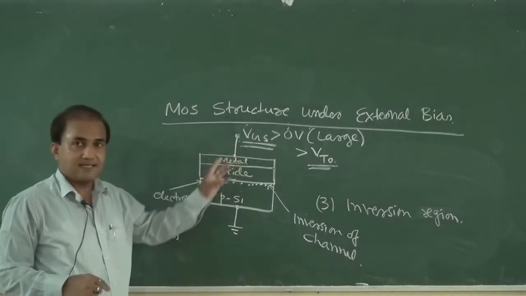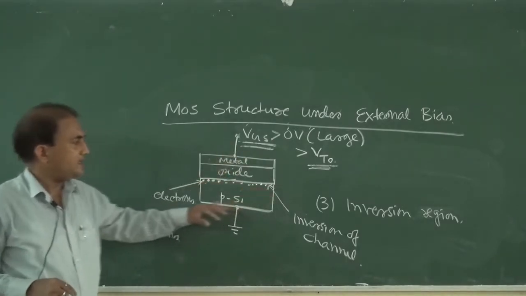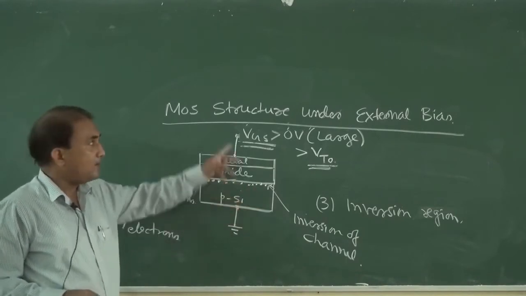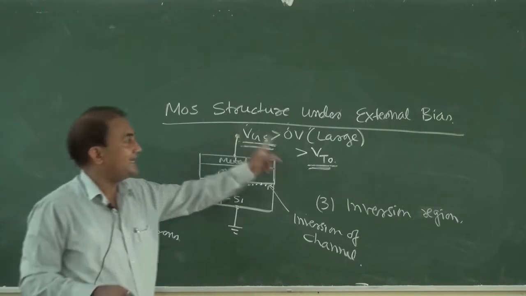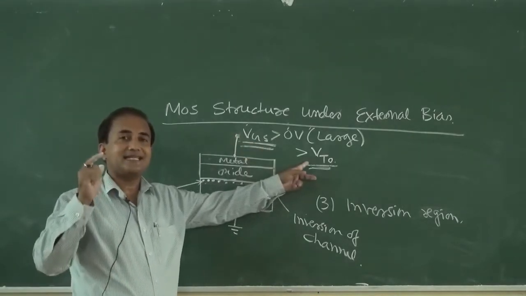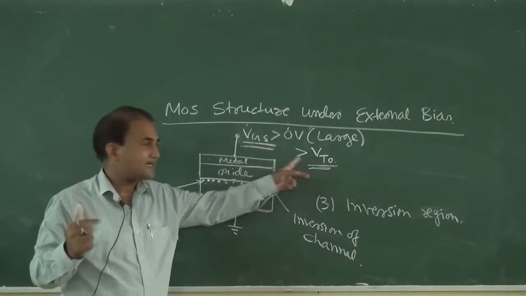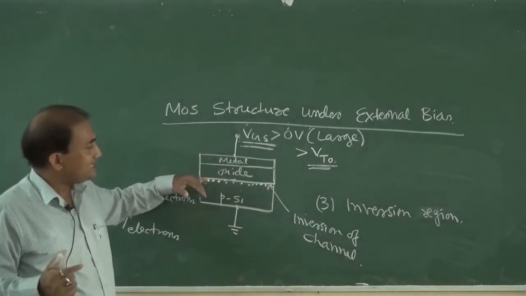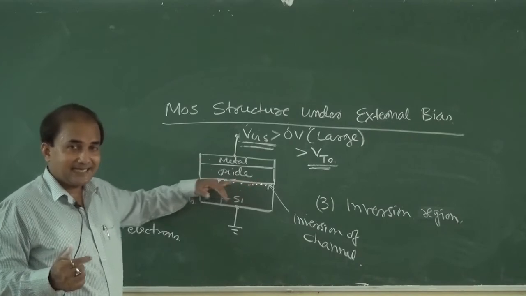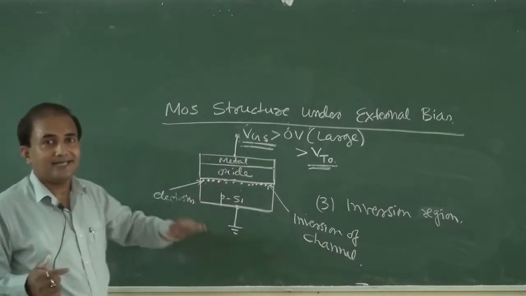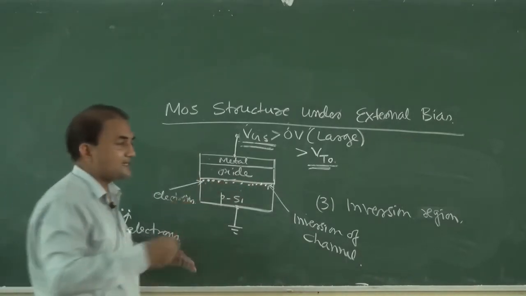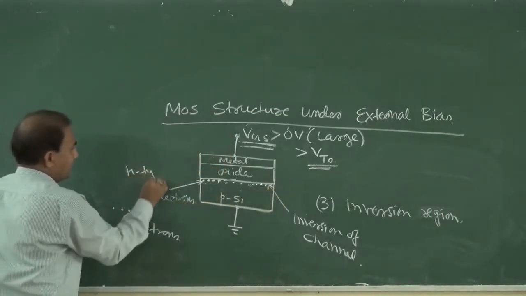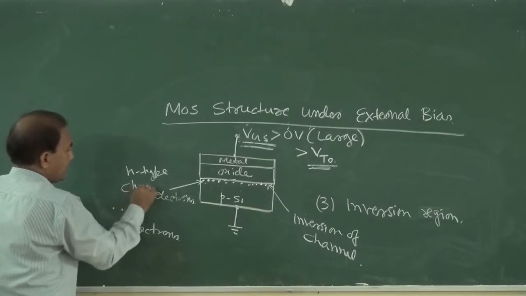Before this, the complete layer was of p-type silicon. Now, by the application of VGS greater than VT0, the channel is created and inverted, meaning it has now become an n-type channel.